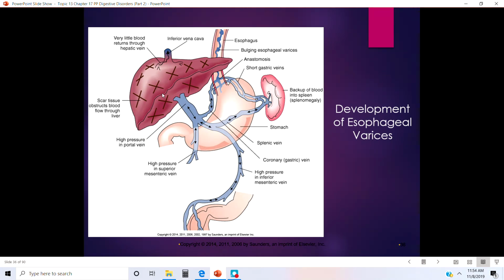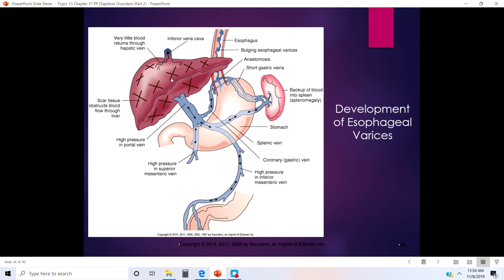The liver will process that nutrient-rich blood, but also any toxin-rich blood. Then that filtered blood will leave through the hepatic vein and go into the inferior vena cava. But watch what happens. With cirrhosis, these X's here represent scar tissue, the fibrosis.